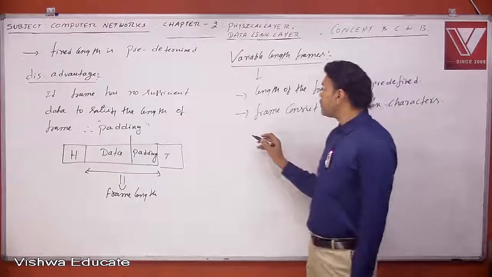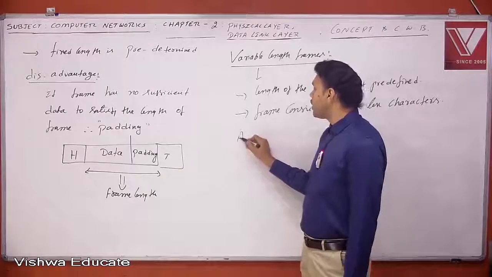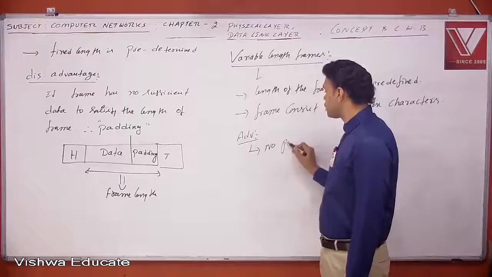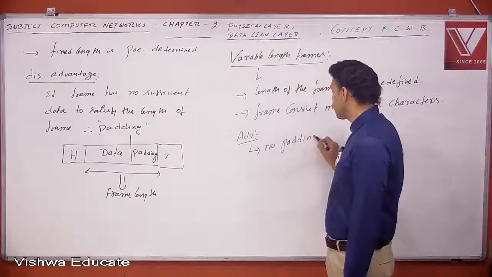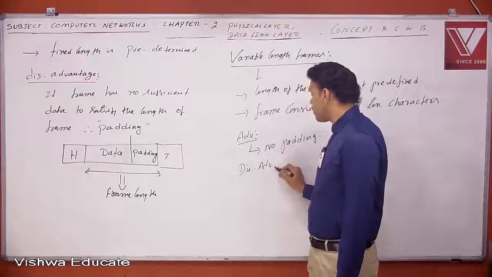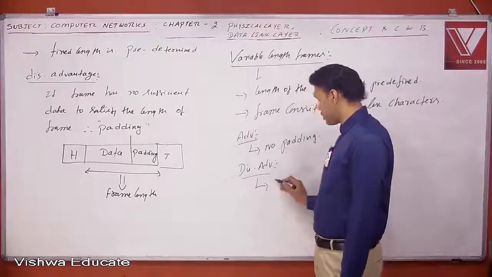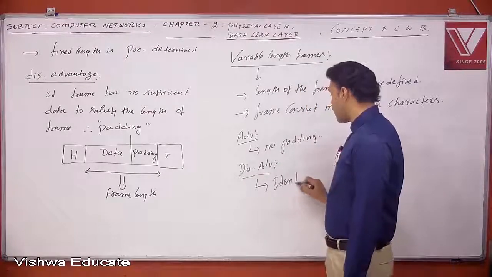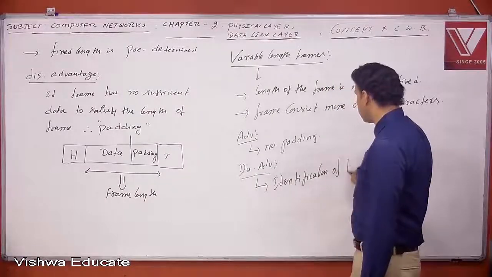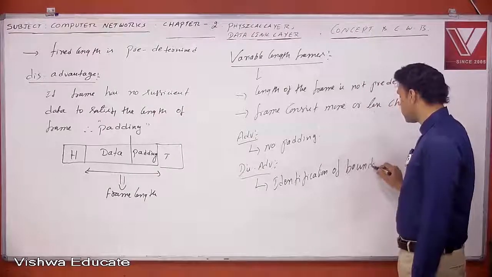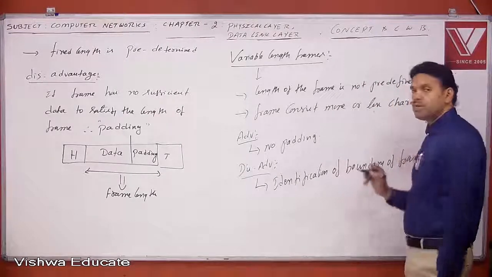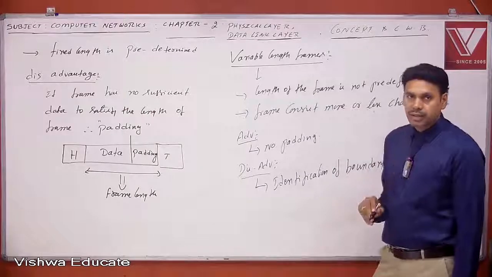So what is the problem? The advantage is so high. What is the advantage? No padding. But what is the disadvantage? It is a problem. What is the disadvantage? Identification of the boundary of the frame. Because we don't know how many characters are there in that.